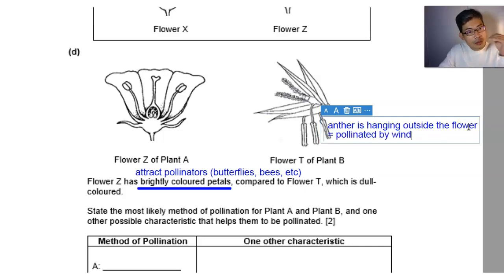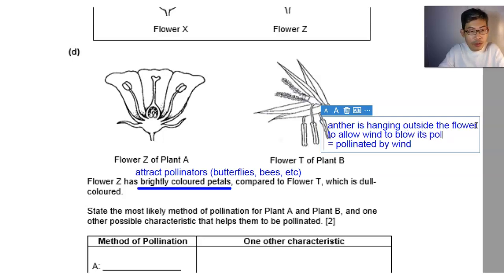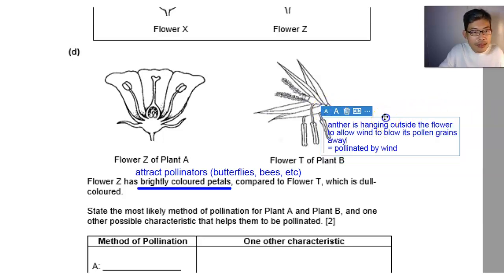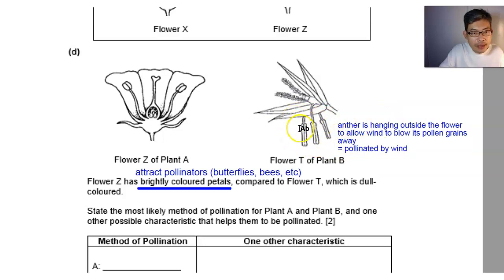Because it's hanging out. Why? To catch wind. To allow wind to blow its pollen grains away. Alright? That's the understanding of these physical characteristics.